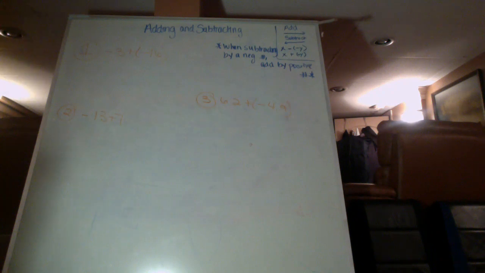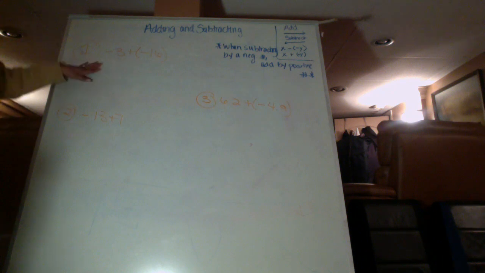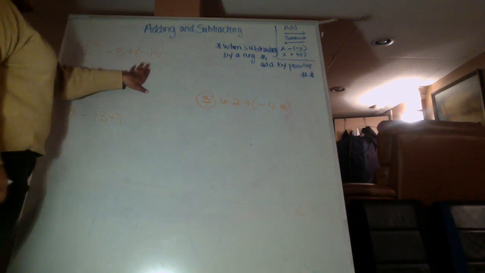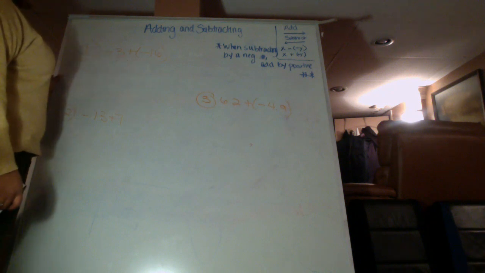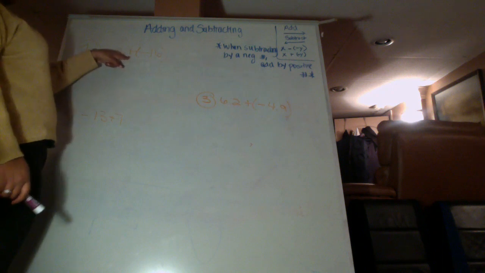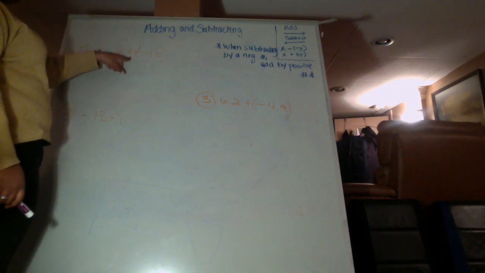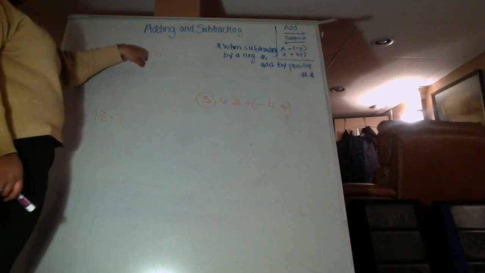Okay, so now we're going to do that same thing, but trying to not use number lines. The direction is to add here. So we have -3 plus -16, right? So now this one's a little bit different. If this was a minus, we would have to change that into a positive and then make this into a positive as well.